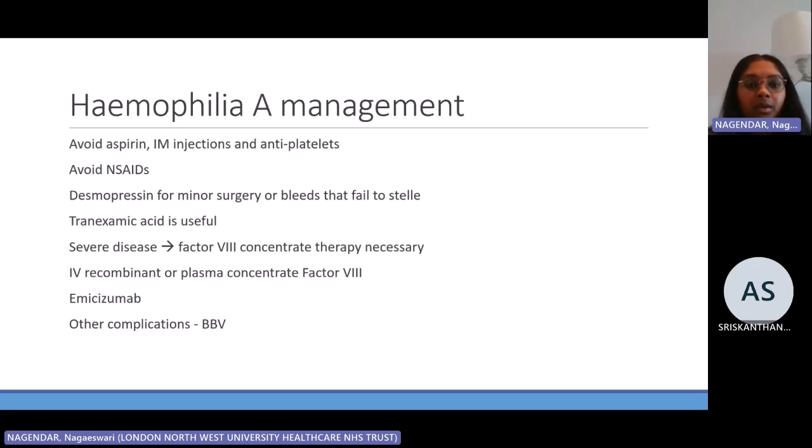There is also a monoclonal antibody drug, and this is called, please forgive my pronunciation, emicizumab.